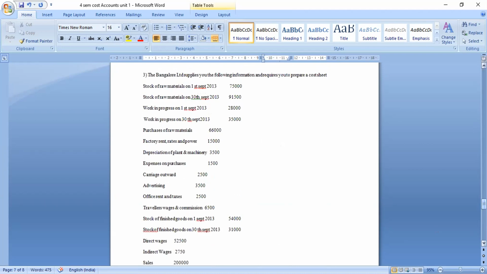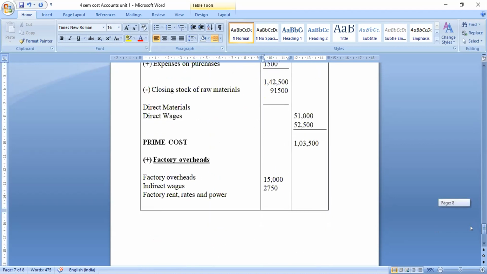So first, I have taken factory rent 15,000, depreciation of plant and machinery is 3,500. So okay, this is the heading itself. Factory rent and power 15,000 ಇದೆ. Indirect wages.